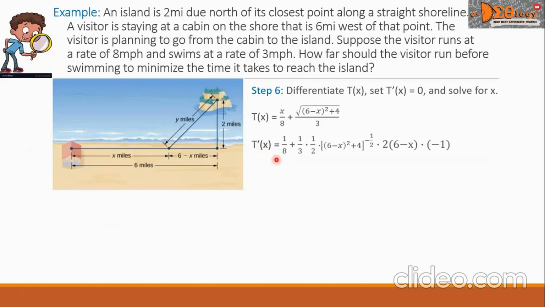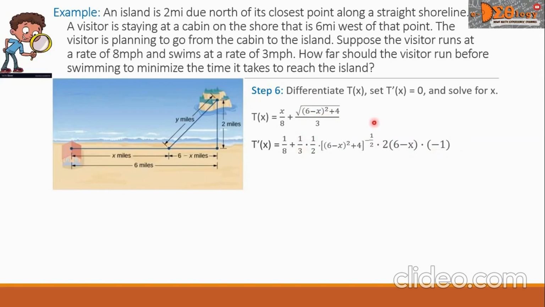T prime of x will be equal to the derivative of x over 8, which is 1 over 8, plus the derivative of this, which will be the constant 1 over 3 times 1 half times the radicand raised to negative 1 half times the derivative of the radicand, which will be 2 times the quantity 6 minus x times the derivative of negative x, which is negative 1.